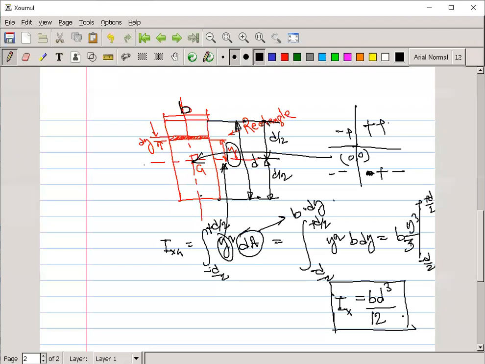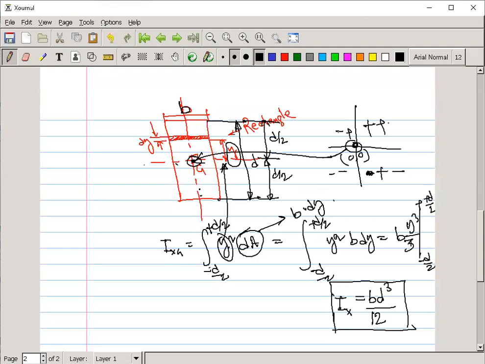Last, the integration part. See, in this axis, upward is plus and downward is negative, right? So in the y axis case, I already told you, take this as your coordinate origin.